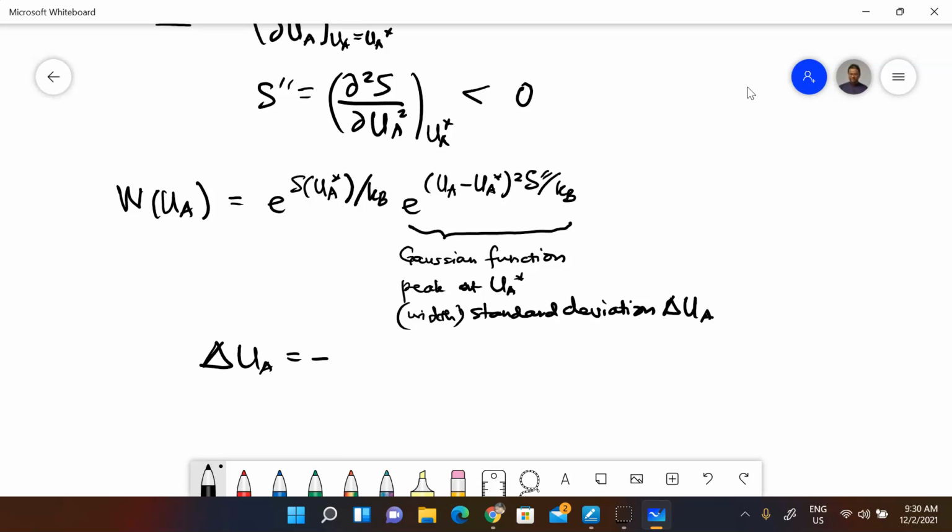Let me check with the book. So there's a minus k_B over S double dash. Now, why is it a minus? You have to remember that your S double dash is essentially negative, so this negative cancels off with this negative, and then you have a positive width.